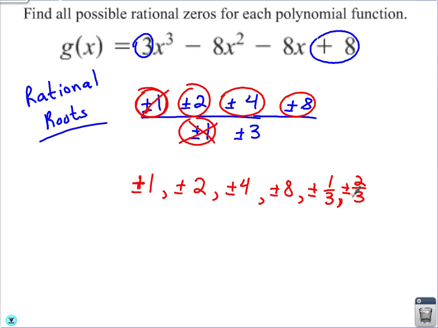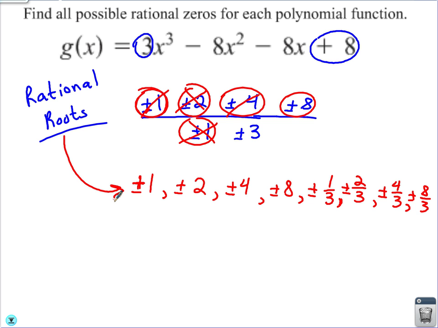Positive and negative. 4 over 3. And finally, 8 over 3. That is all your possible rational roots.